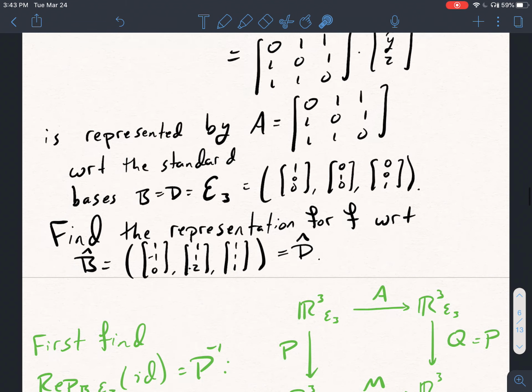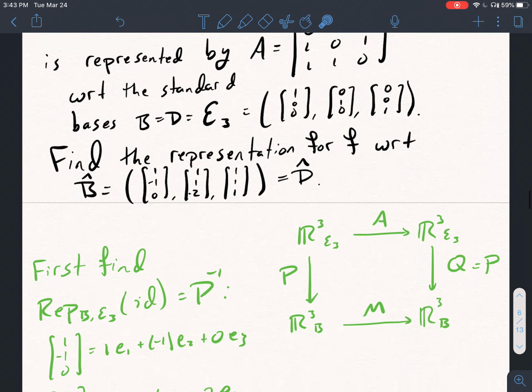So let's do it. So here's what our diagram looks like again. So I have R3 with respect to the standard basis. So A represents F, and so that takes me from R3 with the standard basis to R3 with the standard basis again.